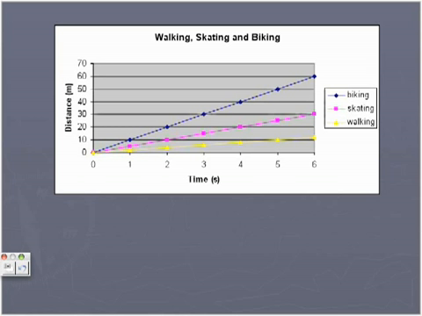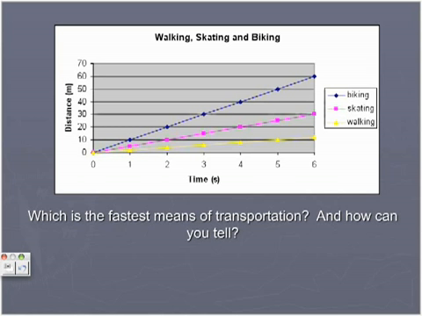Notice with the colors, blue represents biking, fuchsia is skating, and yellow is walking. Obviously, from the visual, without the need of numbers, we can tell which is traveling the fastest. Which is the fastest means of transportation, and how can you tell? Biking. Why? The steepest slope.